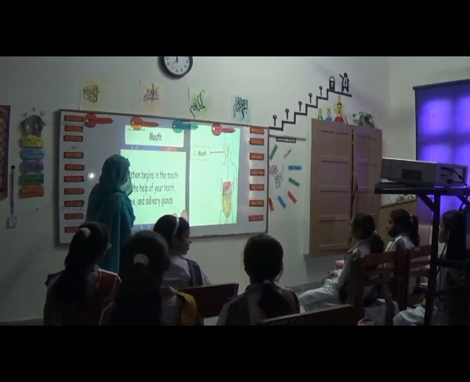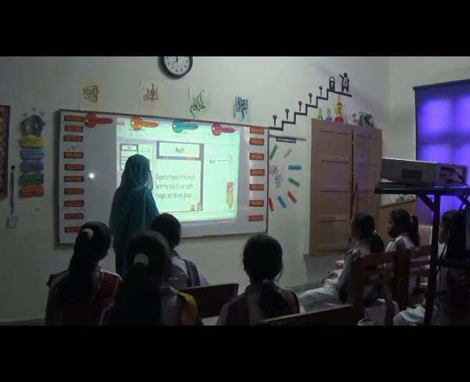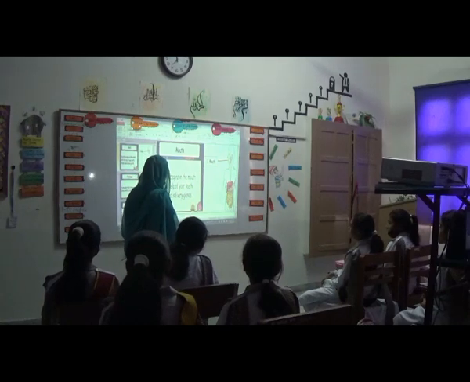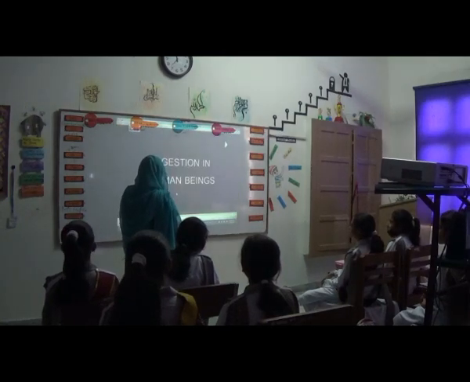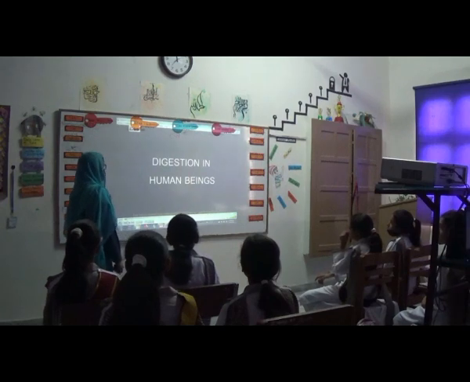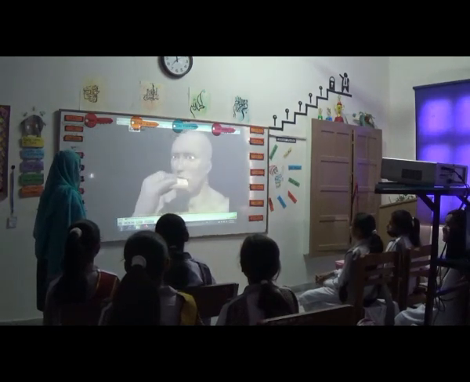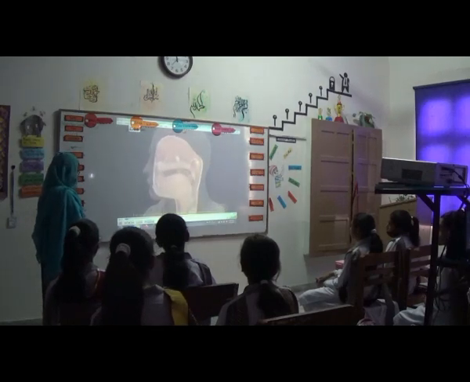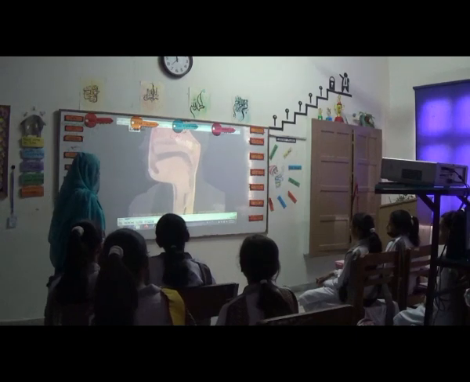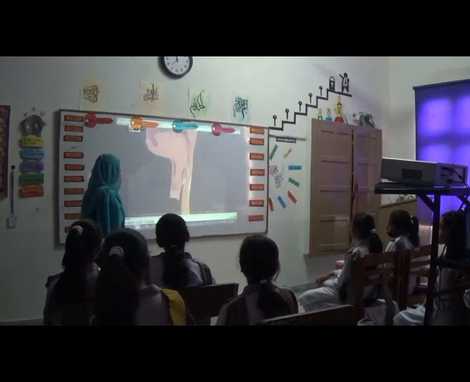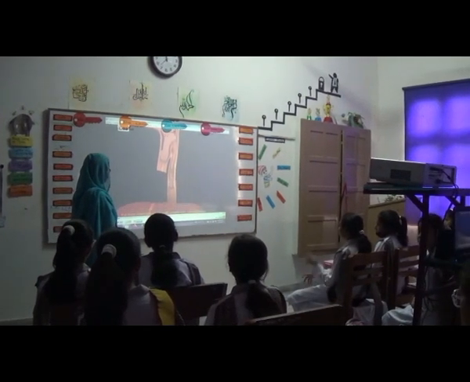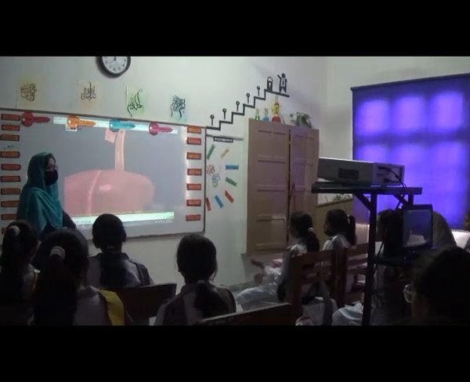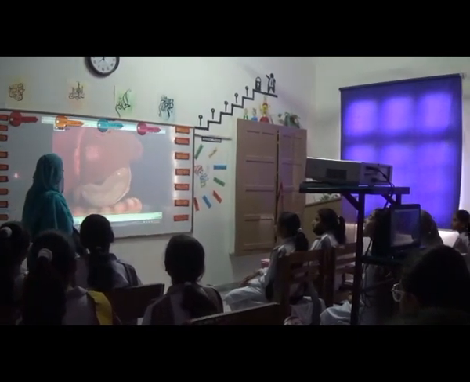Now, I will show you a video of the mouth portion. Are you excited? Yes. Digestion in human beings. Human beings take food through the mouth and digest it in specific organs for digestion. The undigested food is defecated. The food we take passes through a specific canal which begins with the buccal cavity.